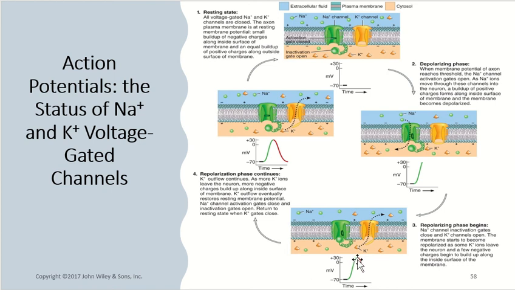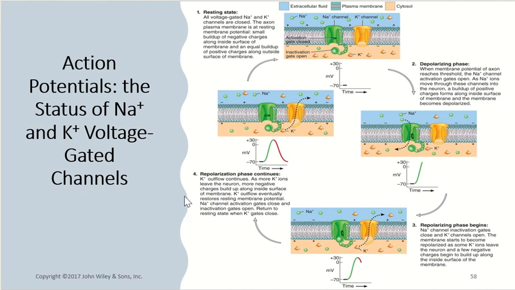So this is when we get the beginning of our repolarizing phase. We've got this flow of positively charged potassium ions out of the cell, which is making that membrane potential become more negative. It's going back down, trying to get to negative 70 millivolts.